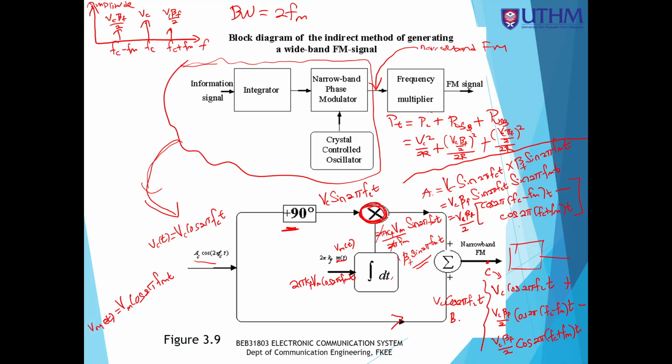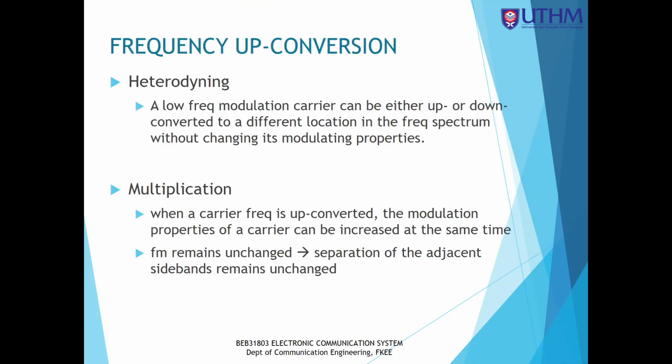If you want to produce a wideband FM, we need to use a frequency multiplier to increase the frequency from low frequency to higher frequency. That is what we call frequency up conversion. There are two methods to increase the frequency, where we convert a narrowband FM to become wideband FM.